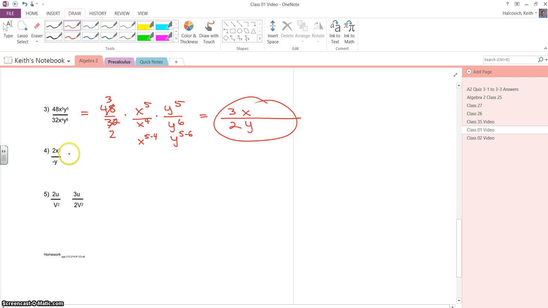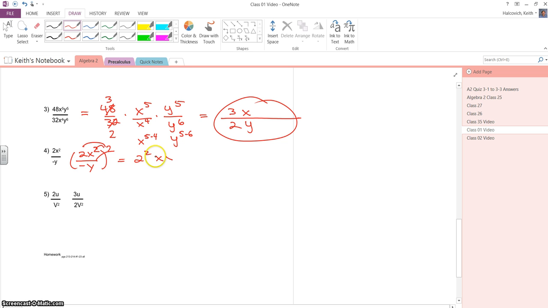This one here, I rewrote the problem. It's 2x squared over -y squared. So remember, in something like this, you're going to distribute the 2 to each part. So it's going to be 2 squared.